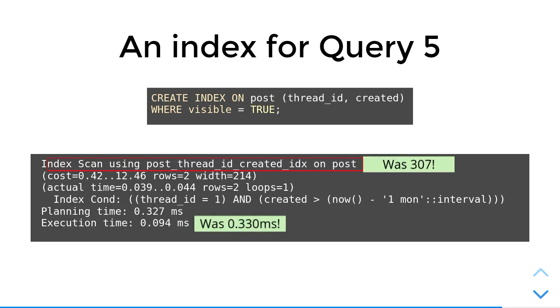So we've gone from 0.33 milliseconds to 0.094 milliseconds. From the original 33 milliseconds, that's a huge improvement. And the cost has come down and is now at about 12.46 from the 5,700 that it was. That's not a bad improvement.